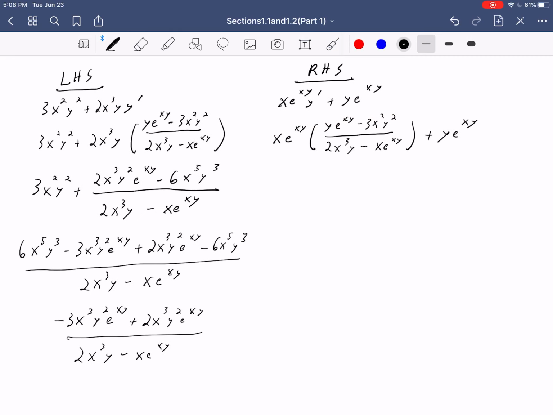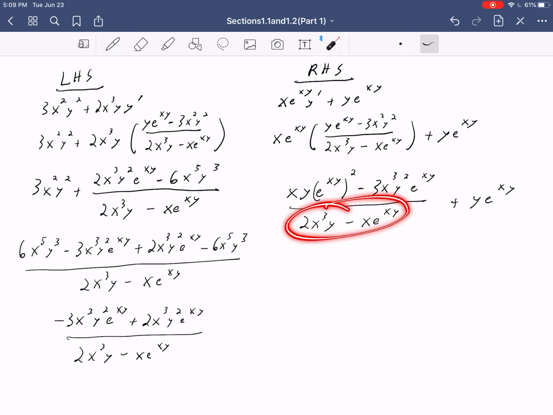So let's multiply that stuff out. Looks like we should get xy e to the xy squared there, minus 3x squared y squared, minus x cubed y squared e to the xy over 2x cubed y minus x e to the xy plus y e to the xy.